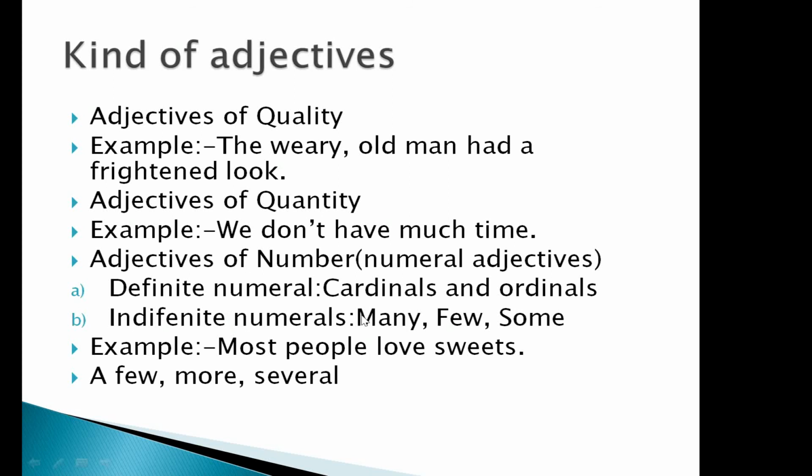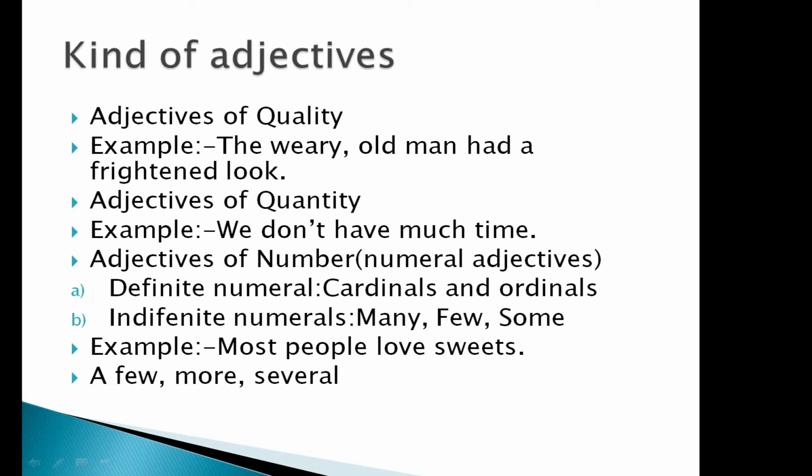They are first, second, third, fourth, fifth, etc. And they are used with countable nouns. Second type of numerals are indefinite numerals, which are used with uncountable nouns. The examples are many, few, all, some, any, several, etc.